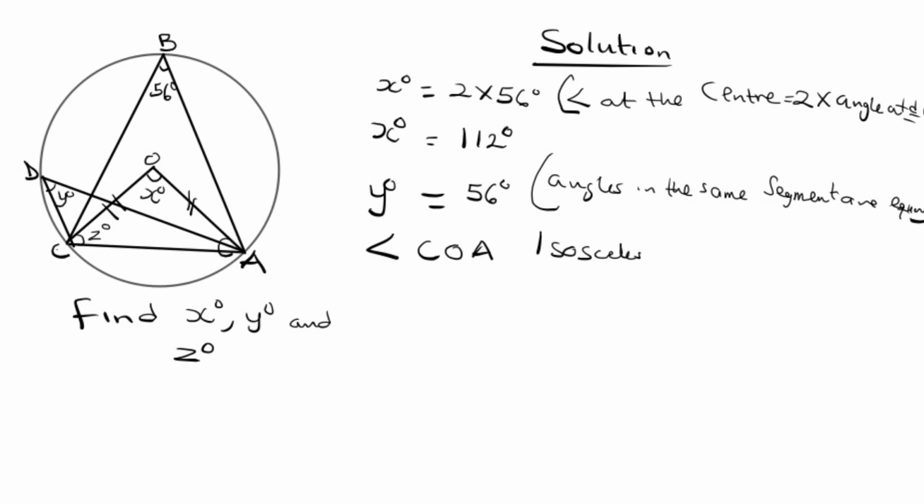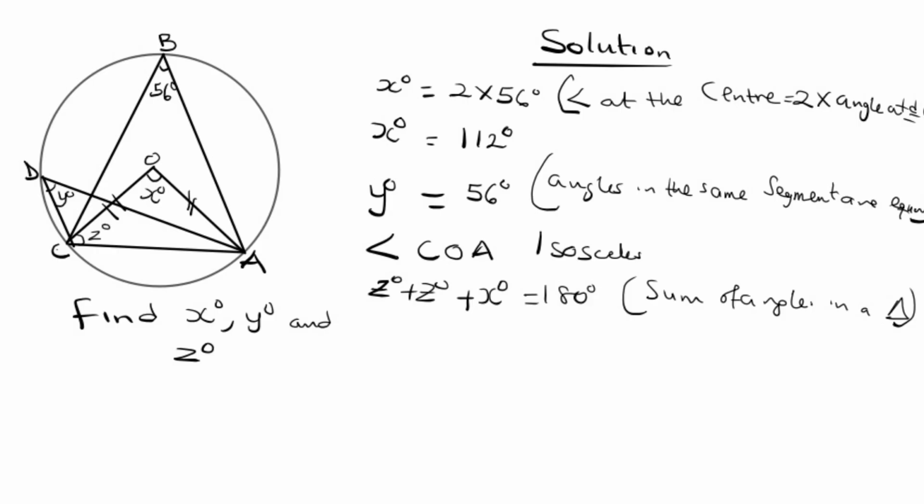Understood? So in that case, I will just add these three angles now. This angle x here, then this angle z here, and this angle here will also be equal to z. I will add them together to give me 180 degrees. So I will say z degrees, plus the second z, the two base angles, plus the other angle, which is x degrees, everything is equal to 180 degrees. That is the sum of angles in a triangle.